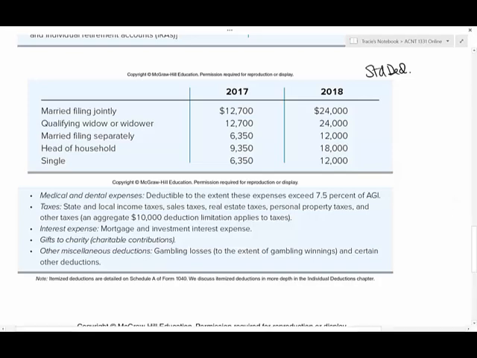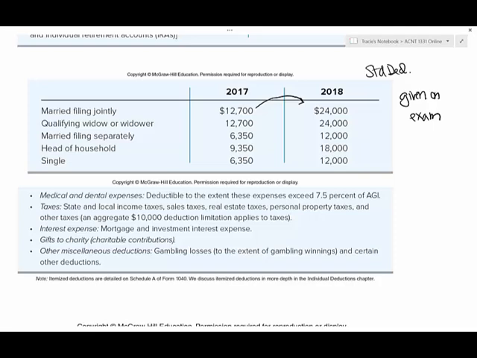These standard deductions will also be given to you on the exam, so you don't have to worry about memorizing them. The other thing to note is that in 2017 to 2018, the standard deductions got significantly bigger, and that was because of the tax law changes that were made in 2017. So here's the 2018 deductions for you.